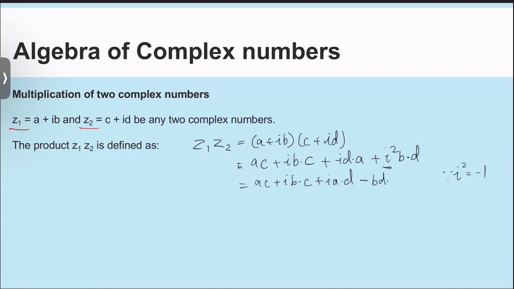Now we club the real parts to one side and take the imaginary parts to the other bracket.